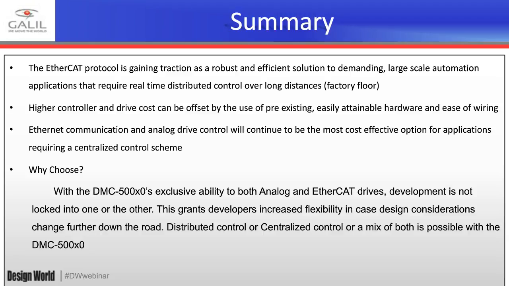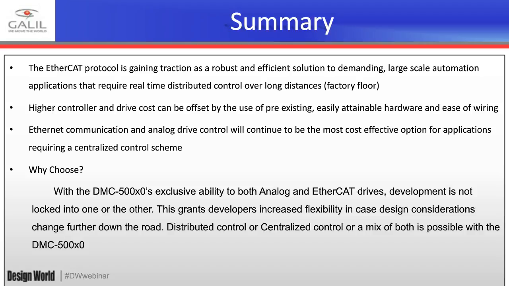If it does not, if it is a local application, again, a CNC machine, if it's all in the same box, the same cabinet, if the drives are even within 5 or 10 feet of the controller, an analog solution is most likely still going to be the most cost-effective for those requirements. That's because, as mentioned, in EtherCAT, each drive has its own microcontroller and its own current loop.